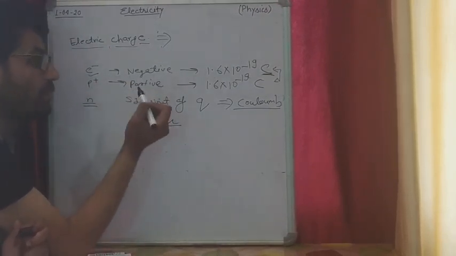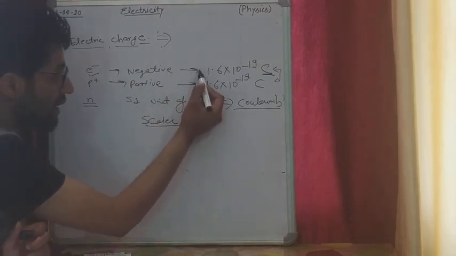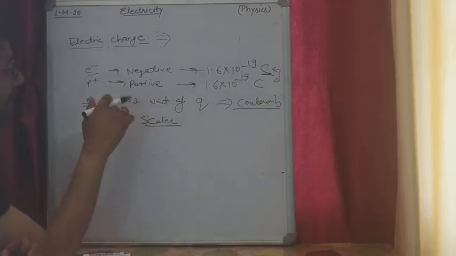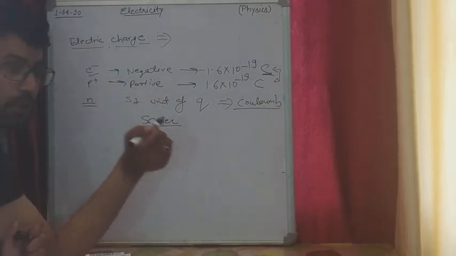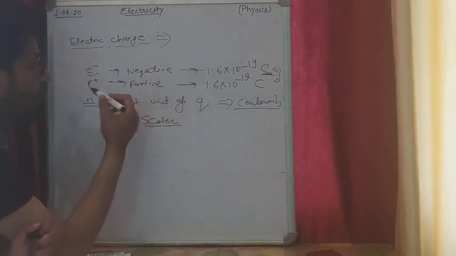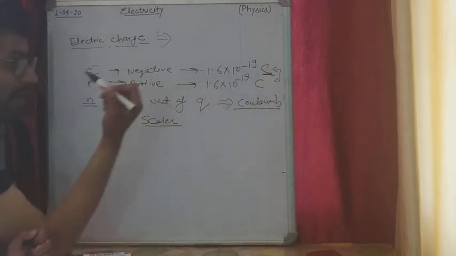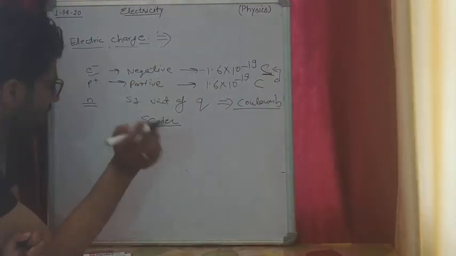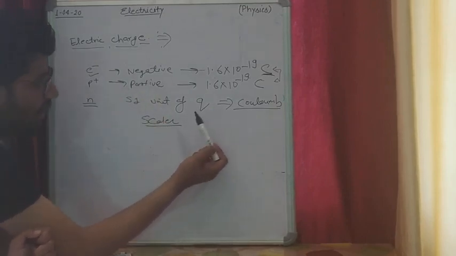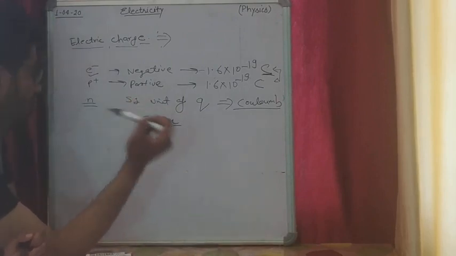Electron has negative charge, it means that the value of charge in an electron is minus 1.6 into 10 to the power minus 19 coulomb, and proton has positive charge, so we should say that charge on proton is 1.6 into 10 to the power minus 19 coulomb. And I already said to you that SI unit of electric charge is coulomb, and this is a scalar quantity.